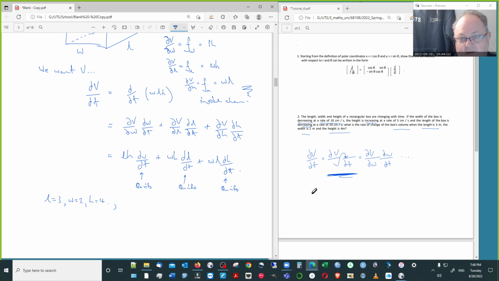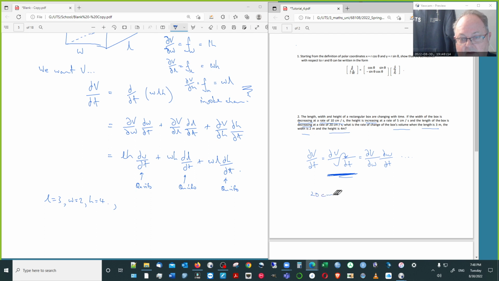So this is just a horrid thing, 20 centimeters per second. Okay, and centimeters as a number is 0.2.